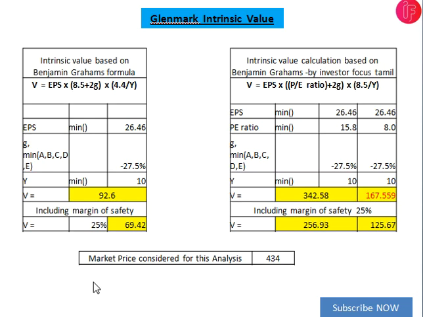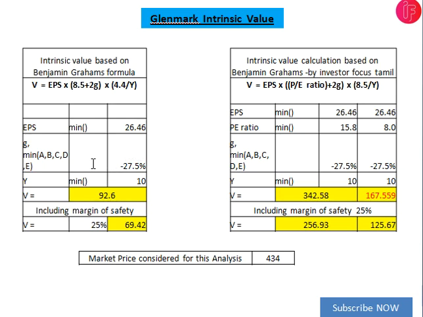Next is our calculation page. You can see two calculations I have made here. One is the Benjamin Graham formula. The formula is V equals EPS into (8.5 plus 2G) into 4.4 divided by Y. The EPS, whatever the minimum of 26 we have taken here. G, the growth, we have considered 5 growth in our calculation.